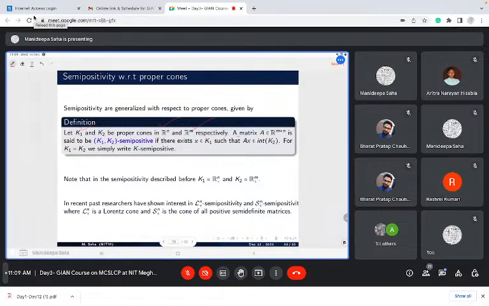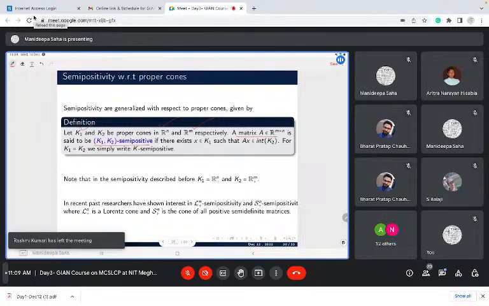Then a real m cross n matrix A is called K1, K2 semi-positive if there exists an x belonging to K1 such that Ax belongs to the interior of K2.